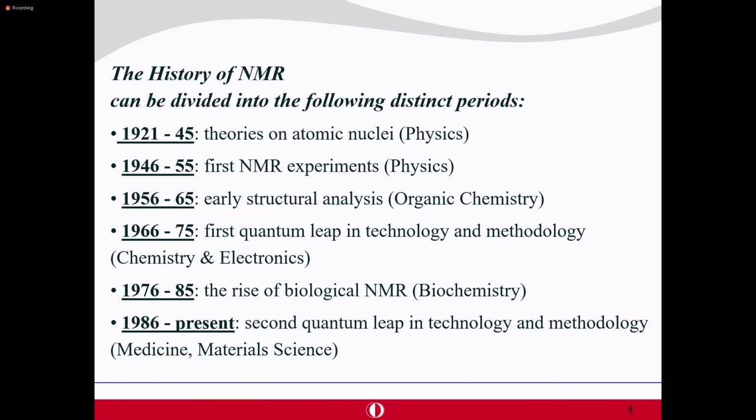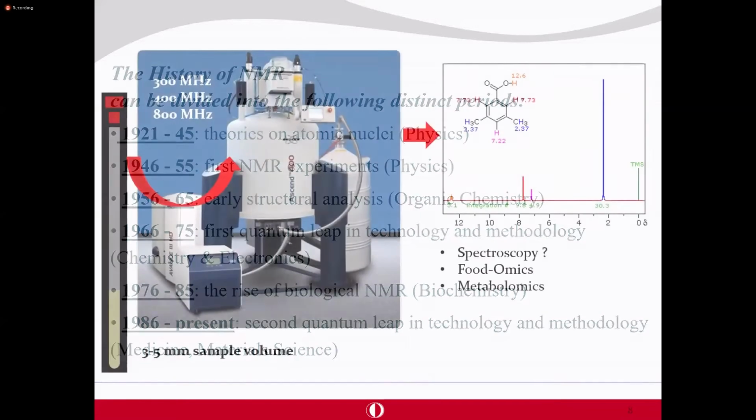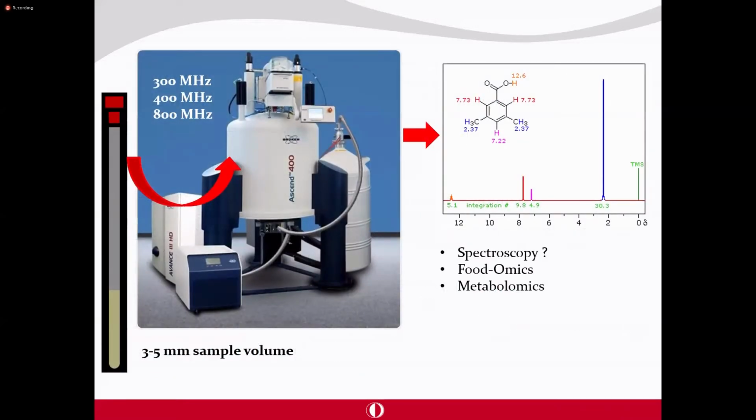From 1986, the second quantum leap in technology and methodology, and now we see even NMR systems working as so-called zero field systems, or very high resolution NMR systems, which give quite nice high resolution profiles at very low detection limits.